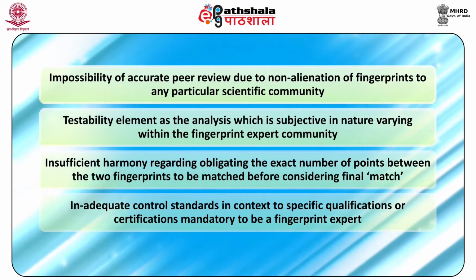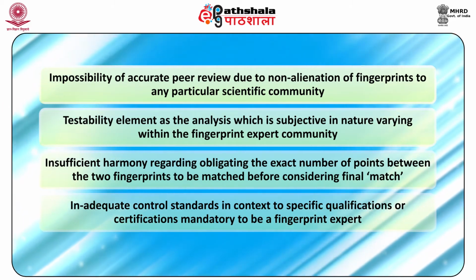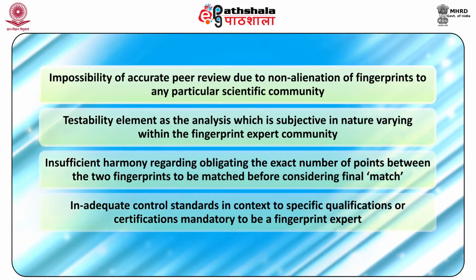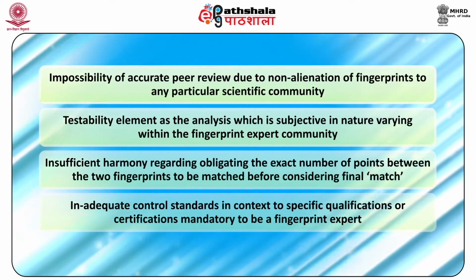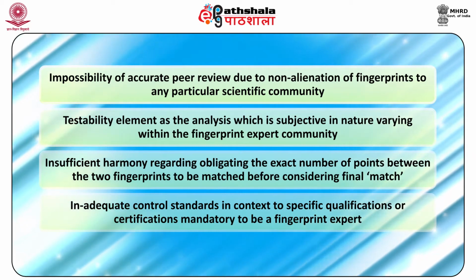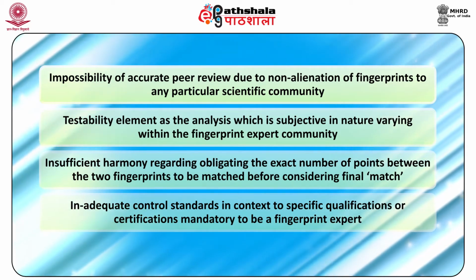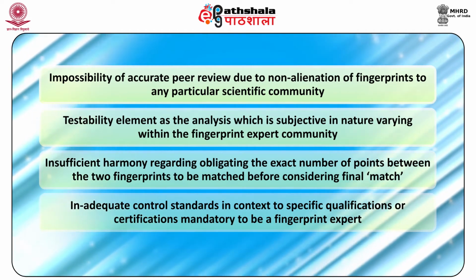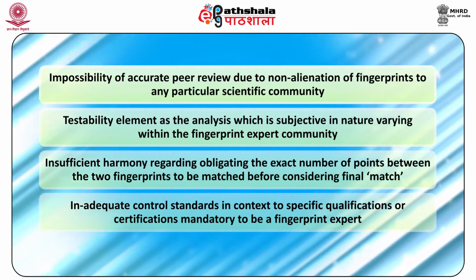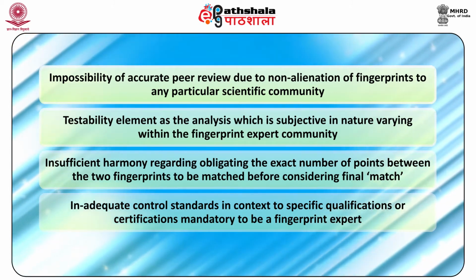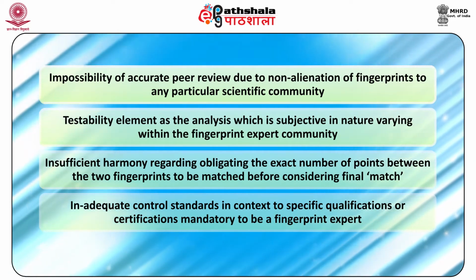Testability element, as the analysis is subjective in nature, varying within the fingerprint expert community. Thirdly, insufficient harmony regarding the exact number of points between two fingerprints to be matched before considering a final match. And lastly, inadequate control standards in context to specific qualifications or certifications mandatory to be a fingerprint expert.